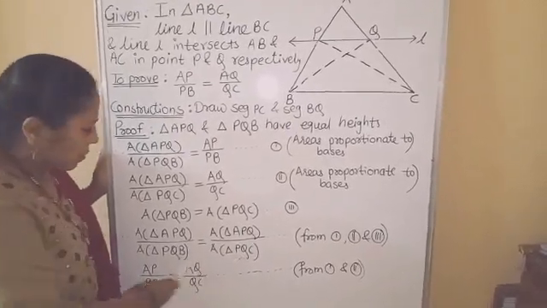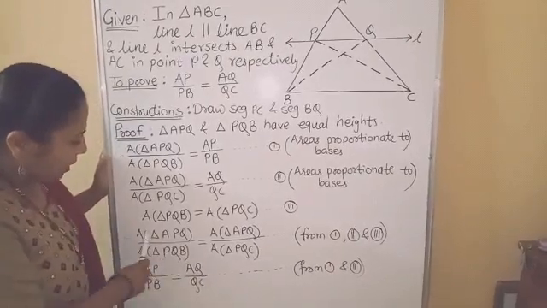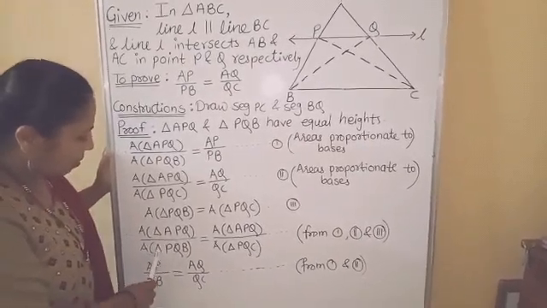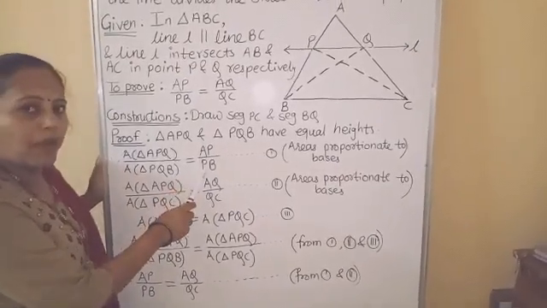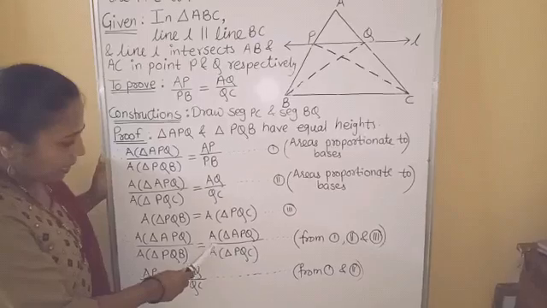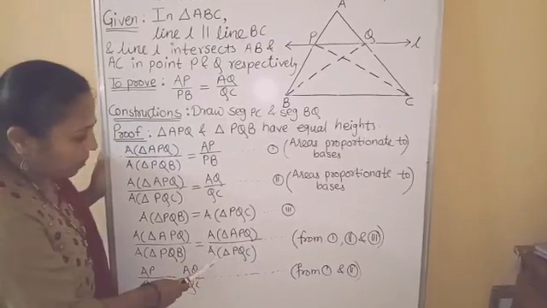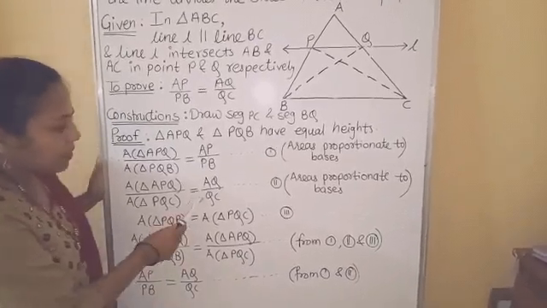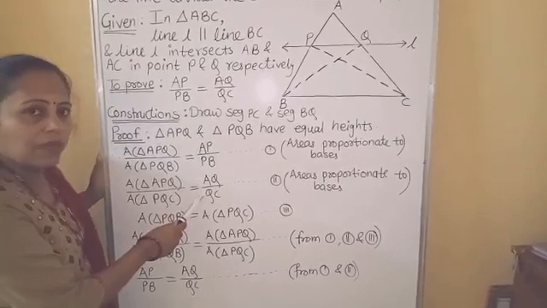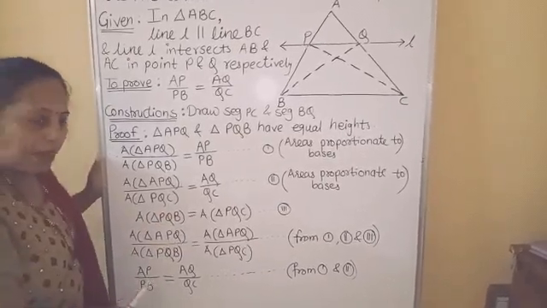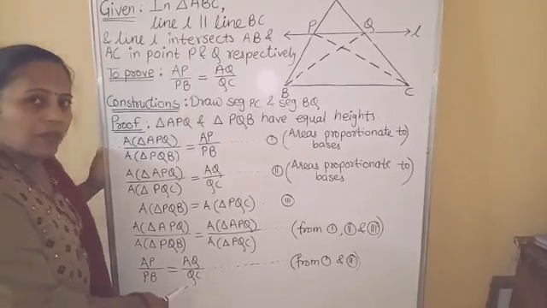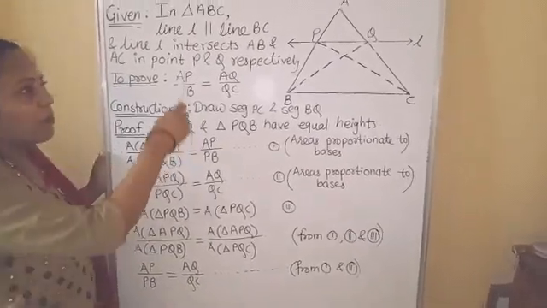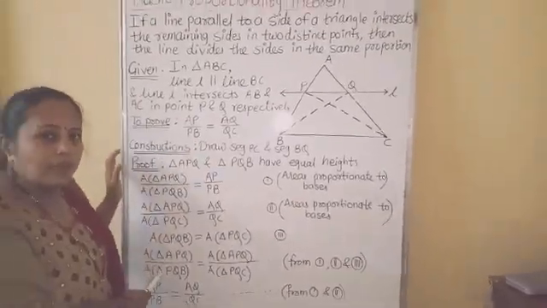Now, the first ratio, area of triangle APQ upon area of triangle PQB, we wrote is equal to AP upon PB. Then area of triangle APQ upon area of triangle PQC is equal to AQ upon QC. So here we got AP upon PB is equal to AQ upon QC. So this way we proved the basic proportionality theorem.